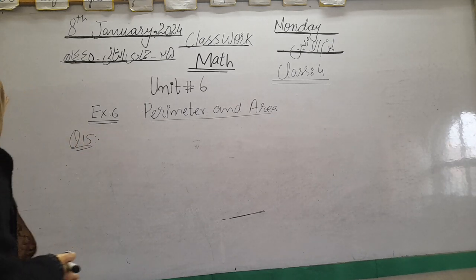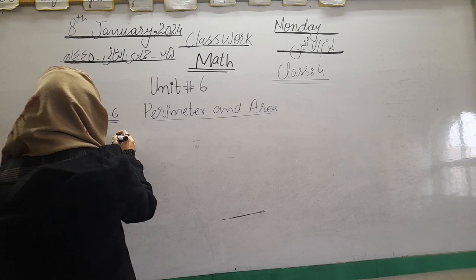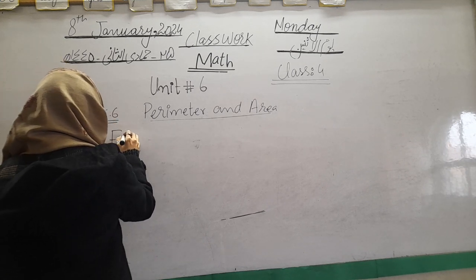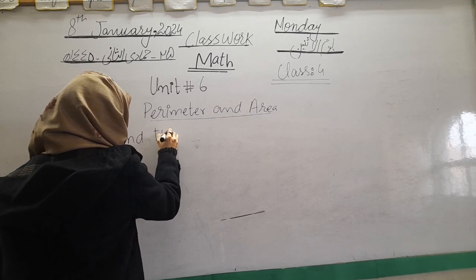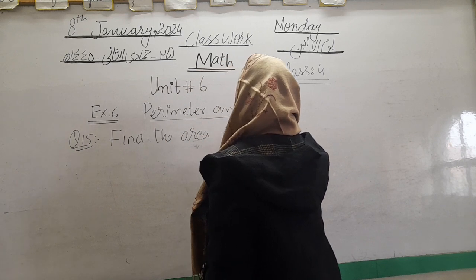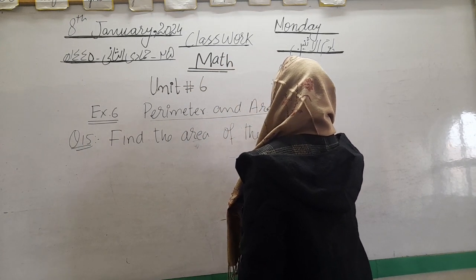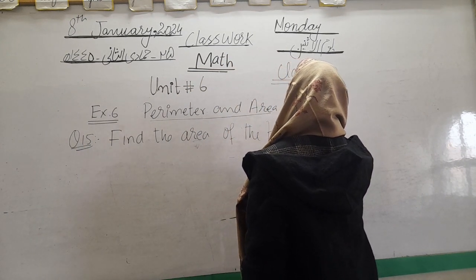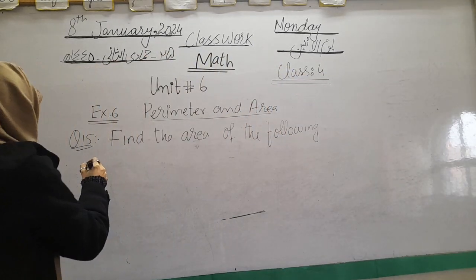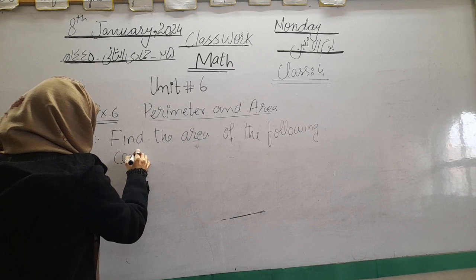In question number 15, we have to find the area of the following carpets or rectangles.